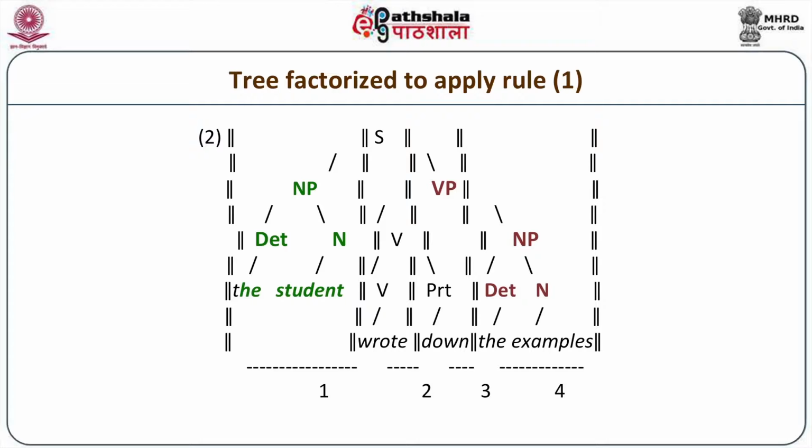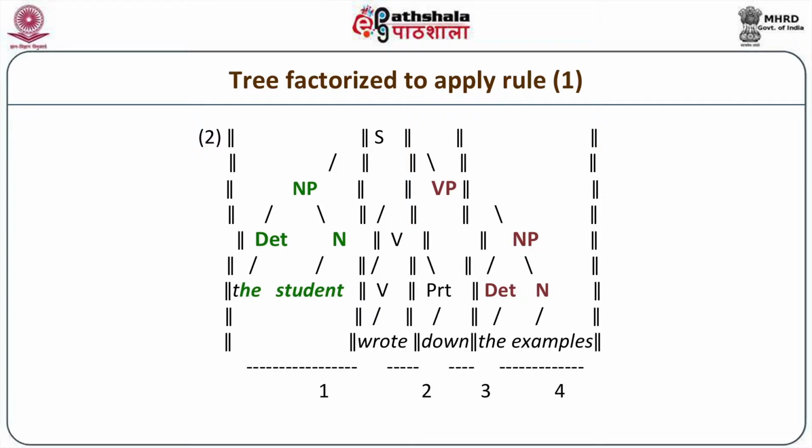There are dotted lines on both sides of the particle down, the third factor. And to the right of the third factor, the fourth factor, bounded by dotted lines, is the examples. The examples corresponds to the fourth factor written as the variable y in the structural description of the transformation.